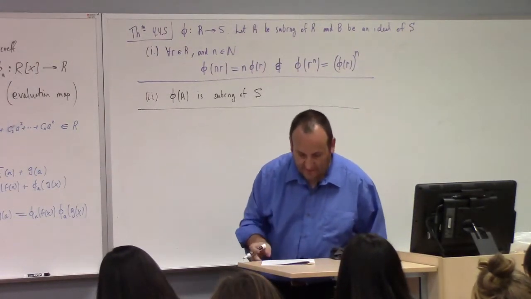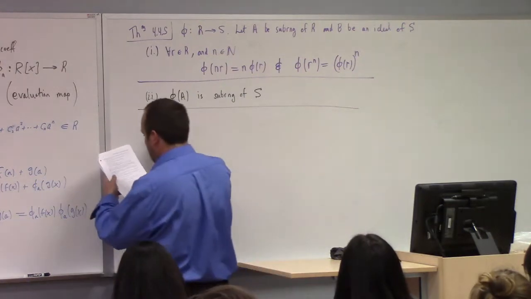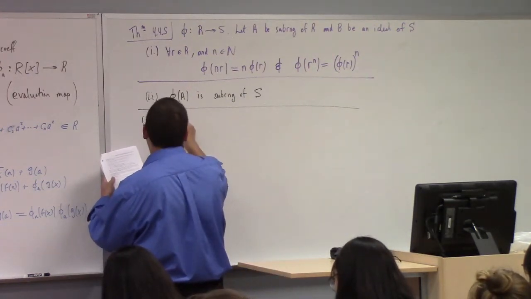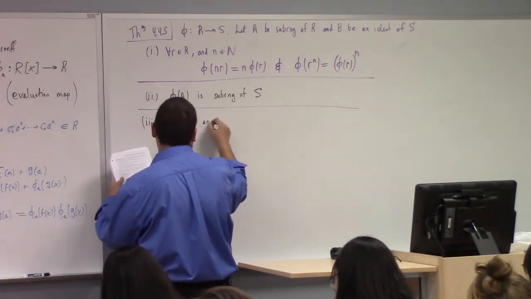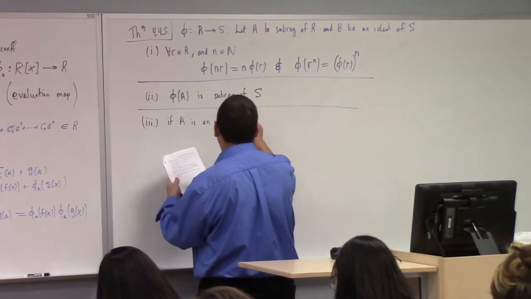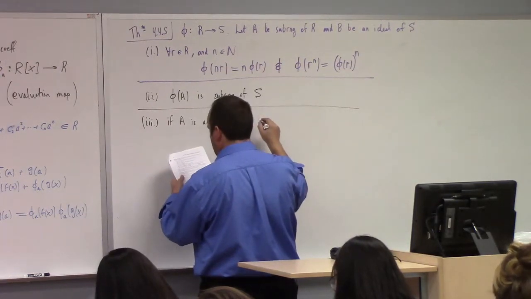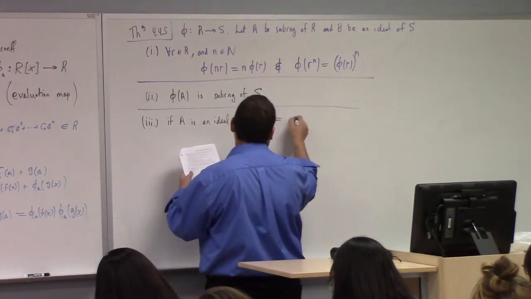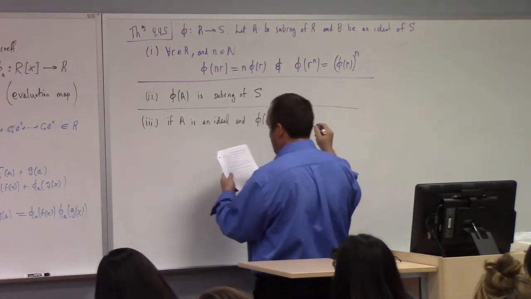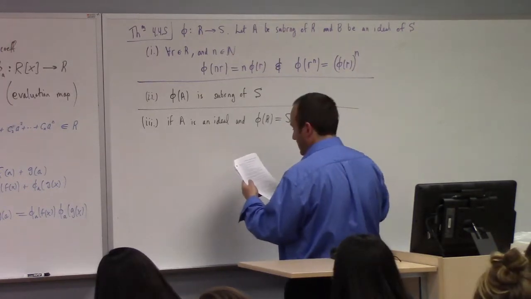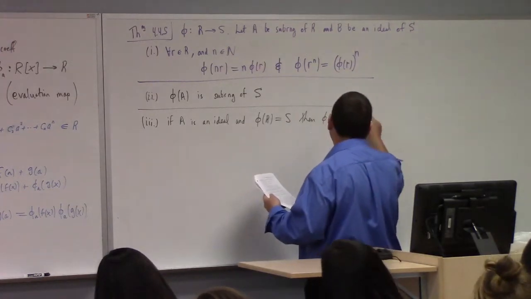If A is an ideal, point number 3, if A is an ideal, and phi of R is equal to S, then phi of A is an ideal of S.